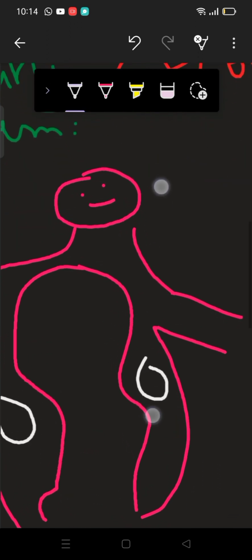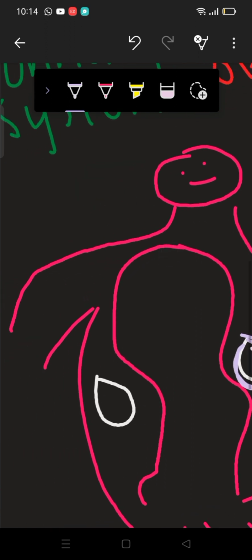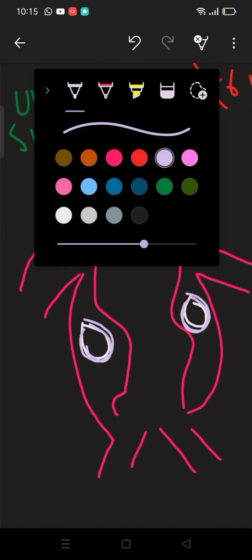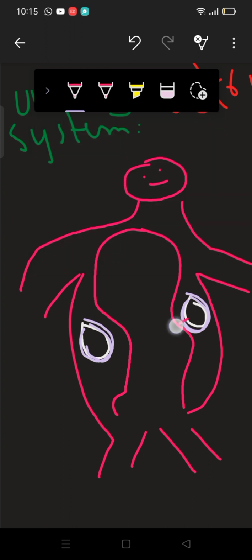So this is basically the visceral peritoneum. We have two tubes attached to these kidneys, taking the urine from the kidneys. These two tubes are known as ureters.